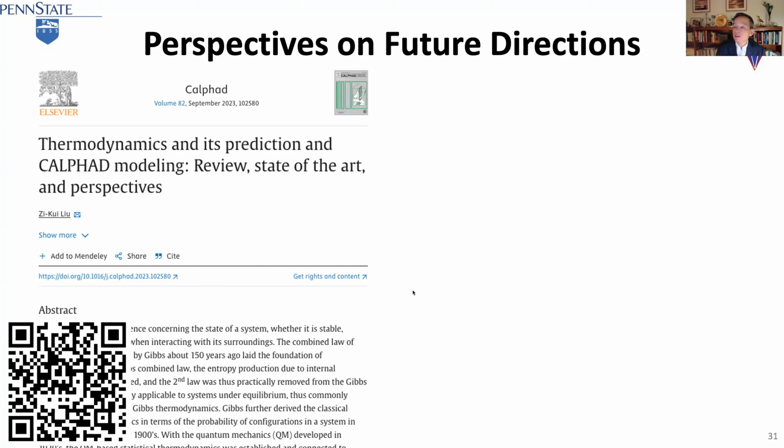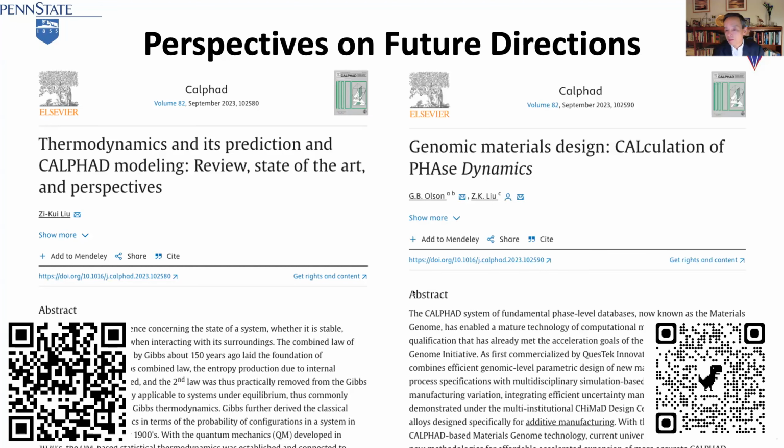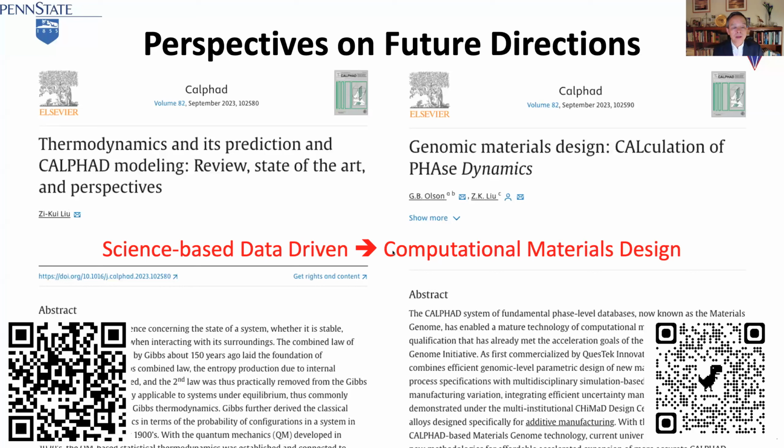That means we can now start to design new materials and discover new materials. That was material design, which is another paper written by Professor Olson and me, published in the same year, in the same journal. So if we put them together, it's really system-based, data-driven computational material design. Thank you.